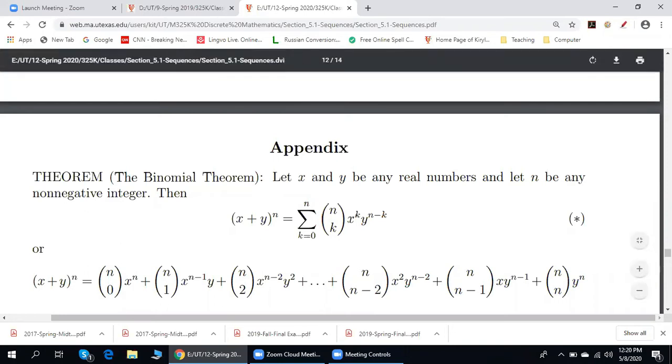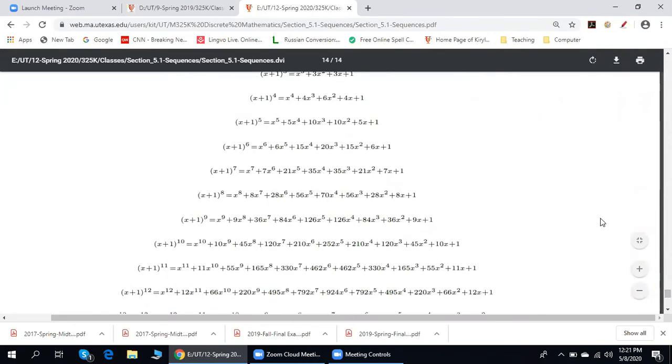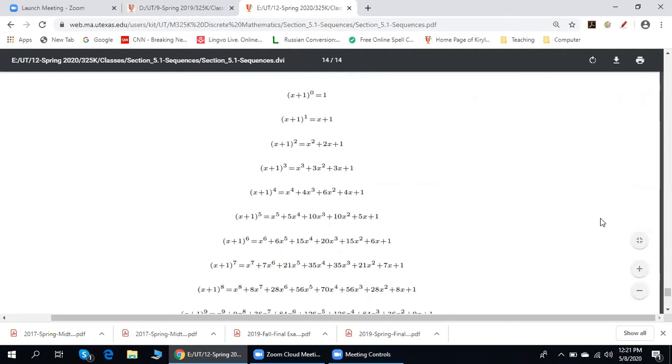So, first of all, since you mentioned Pascal's triangle, let me explain to everybody what is Pascal's triangle. Pascal's triangle is the following. The top number is 1. Next row, 1, 1.